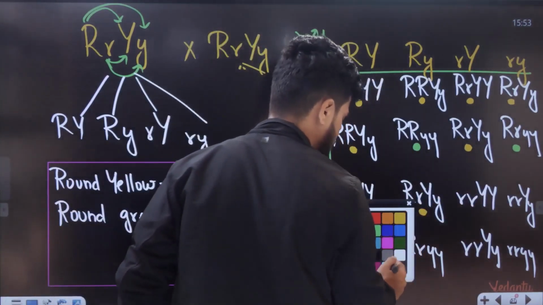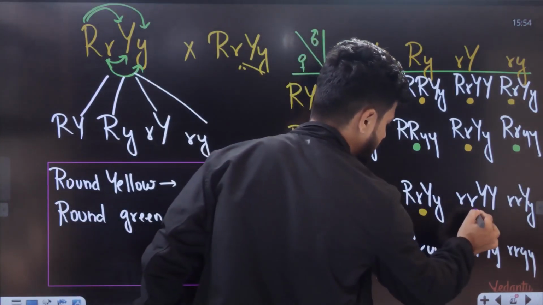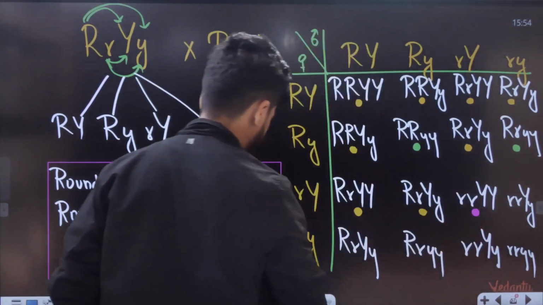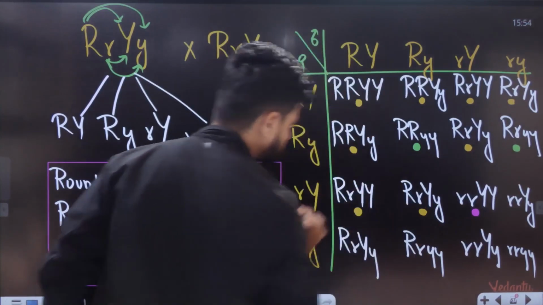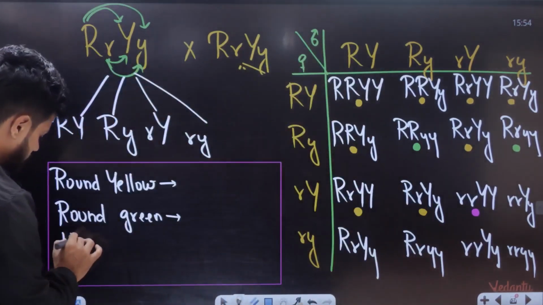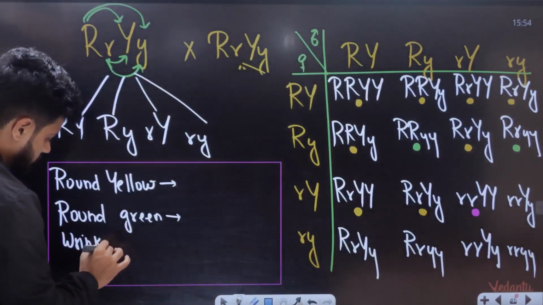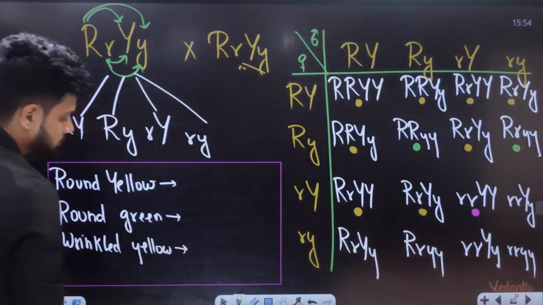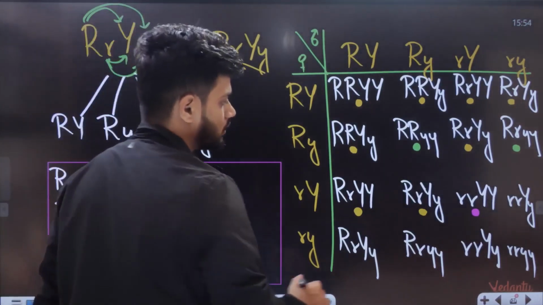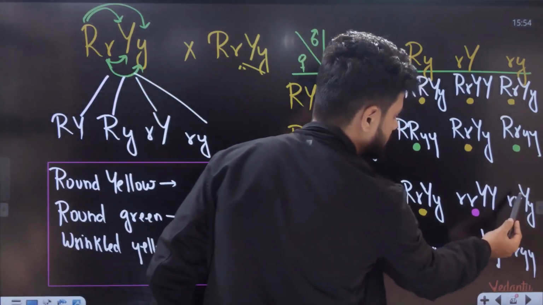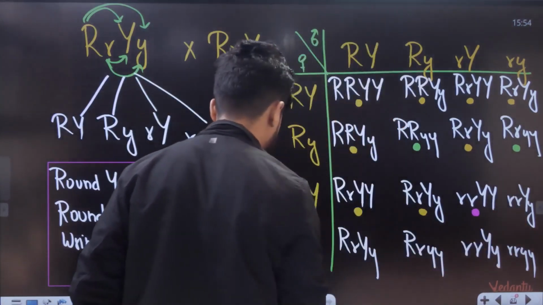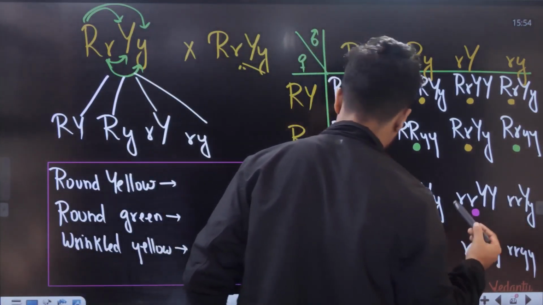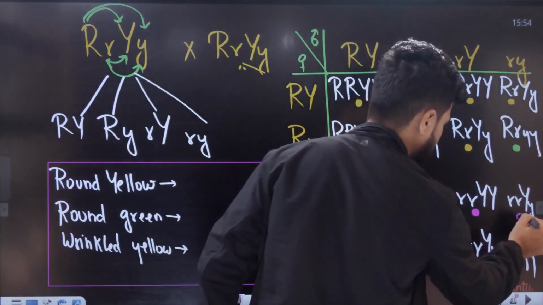Let's use red, pink for this. Wrinkled yellow. Again, wrinkled yellow. Wrinkled yellow.